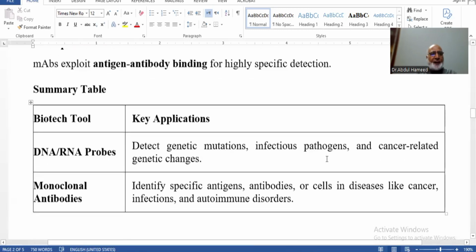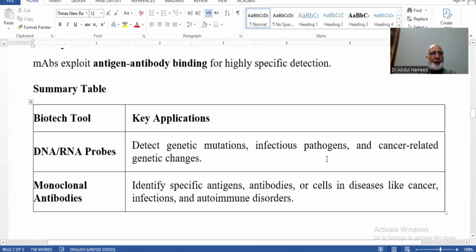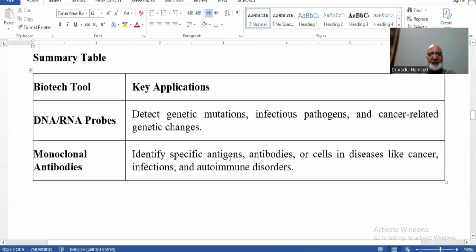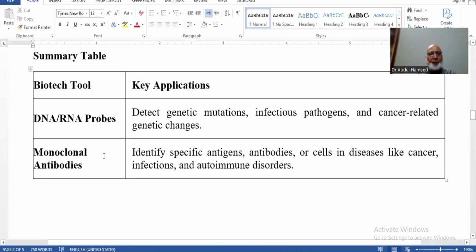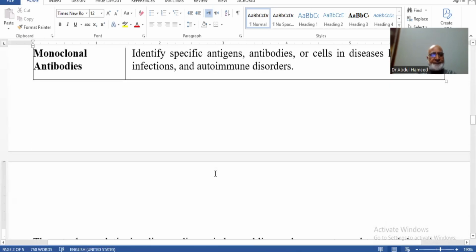So there is a table which gives us the idea about the biotechnology tool and its key application. For example, DNA, RNA probes detect genetic mutations, infectious pathogens, and cancer-related genetic changes. And monoclonal antibodies, we use them to identify specific antigens and antibodies in diseases like cancer, infections, and autoimmune disorders.